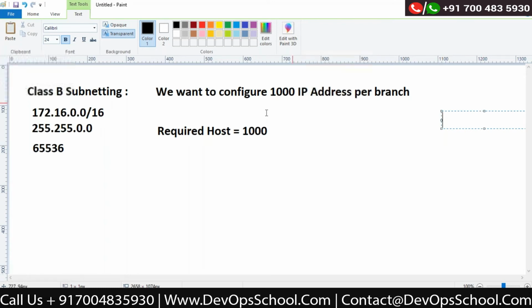In this example we are looking for 1000. I know that 2 raised to 9 is equal to 512. Now I need to keep doubling.